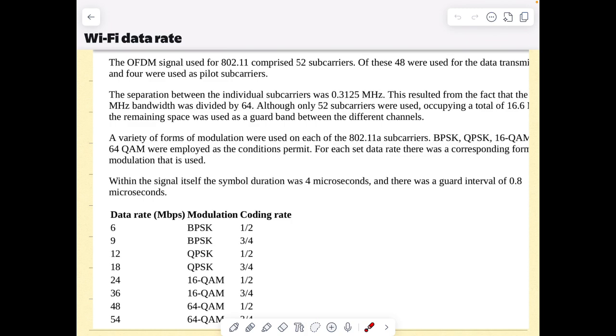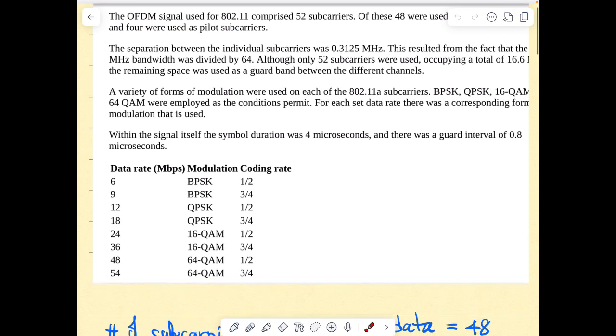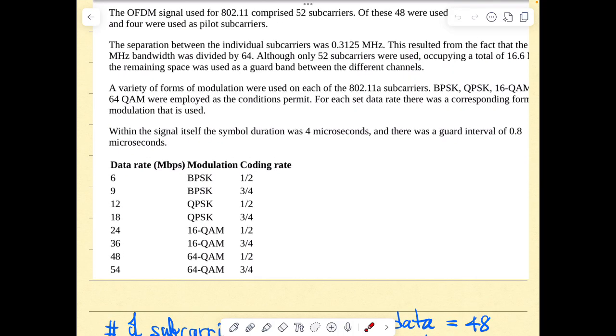Out of these 52 subcarriers, only 48 are used for data transmission, and 4 are used for pilot subcarriers. Now in 802.11a, they use different kinds of modulation, starting with the lowest order, which is BPSK, up to 64 QAM.